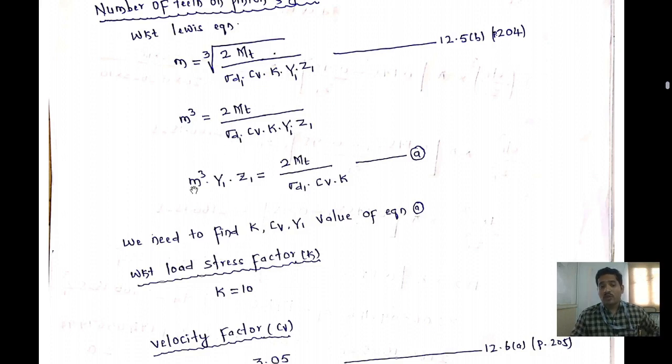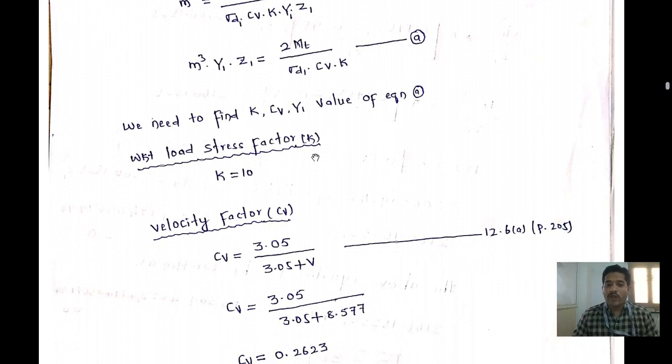For that reason we need to find the value of m cube y1 z1 Cv equal to 2 Mt by sigma d into K. It is considered as equation number A.